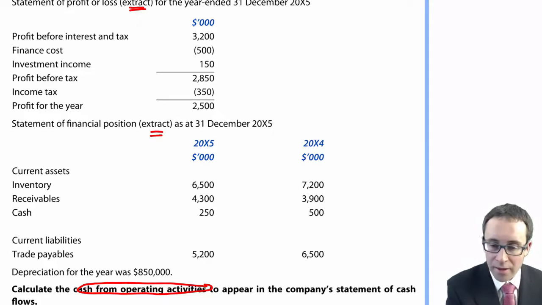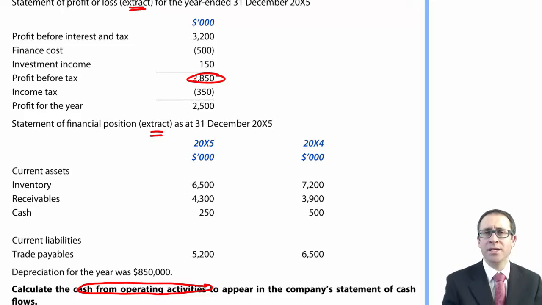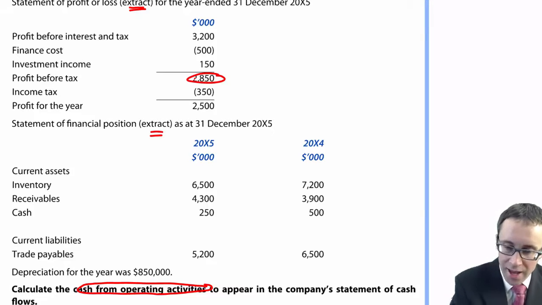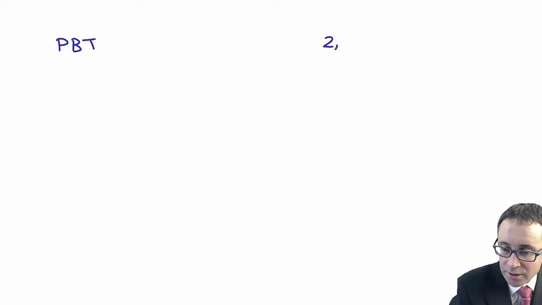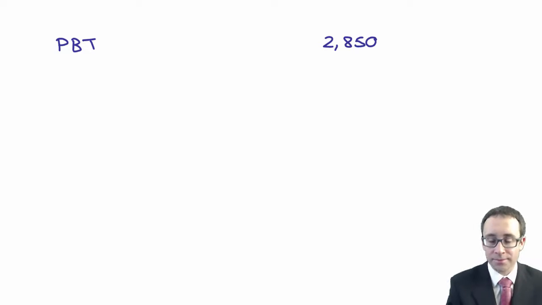But remember, the key bit there is that you start with your profit before tax, PBT. Is that there at 2850? Okay. So what we've got there is that we start off with profit before tax. Is that 2850? Okay.